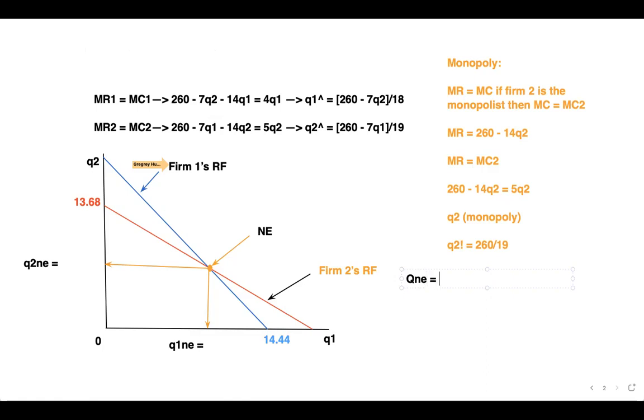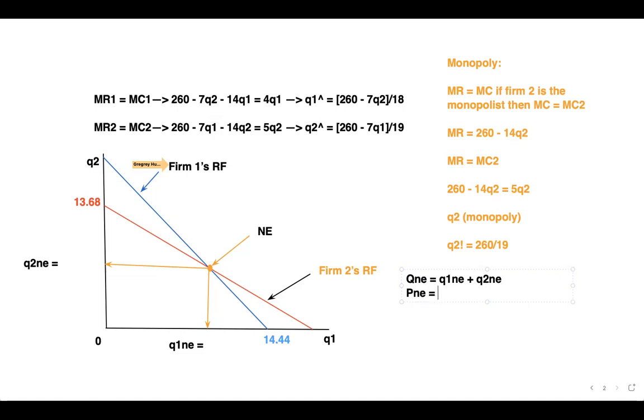In order to get it, you have to recognize that I've got two firms and they're both contributing output. So I have to add up the Q1 NE and the Q2 NE to get the industry level of output. And then there's also going to be a price that emerges. We call that NE also, just to be consistent.